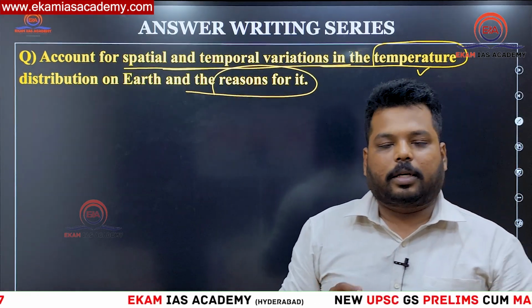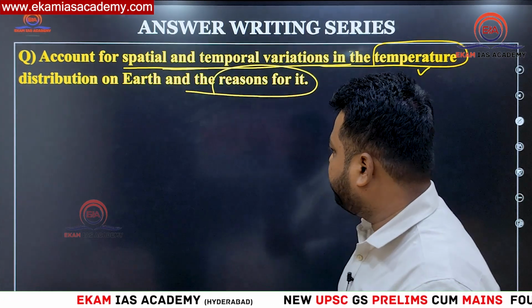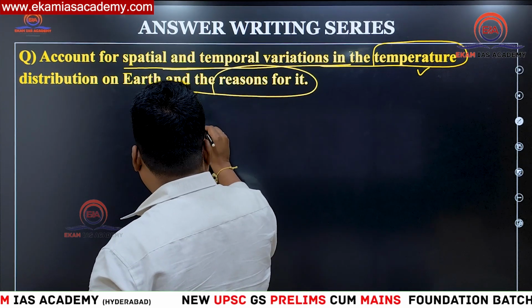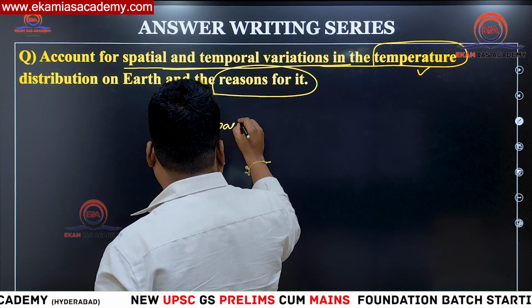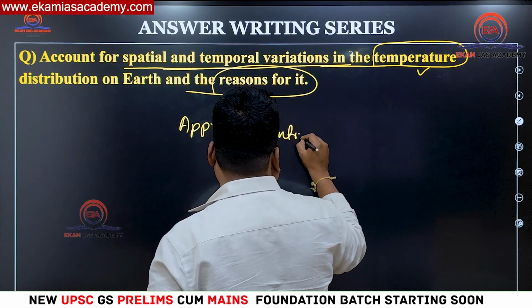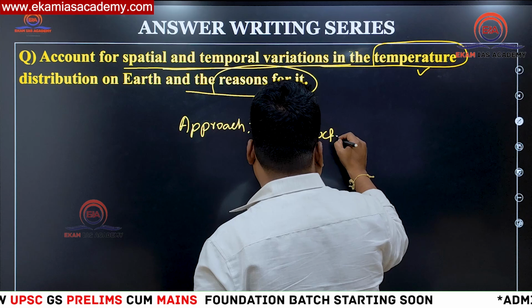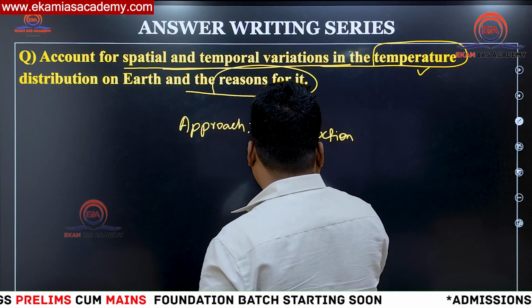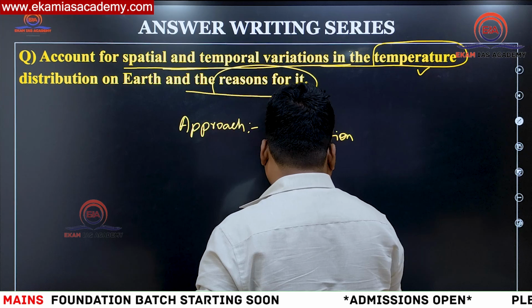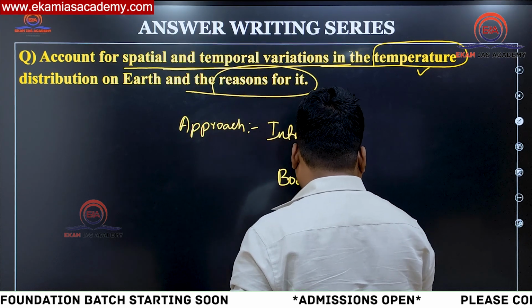That is what we are going to discuss here. First, we will search for the approach of the answer. What shall be the approach? As everyone knows, the very old methodology: introduction, body and conclusion.